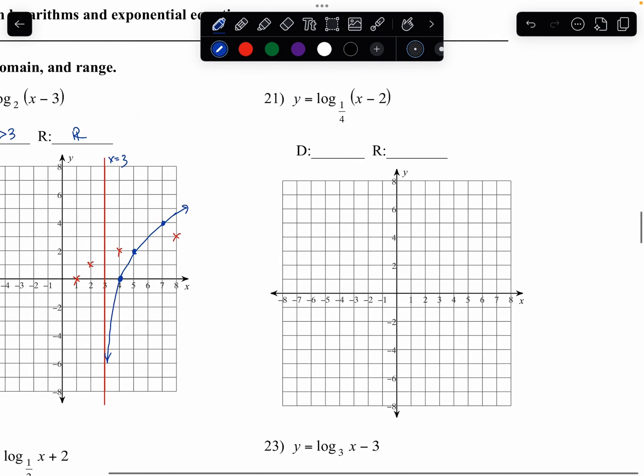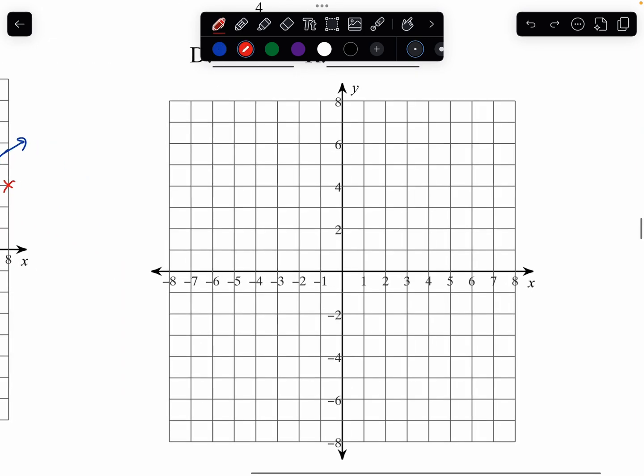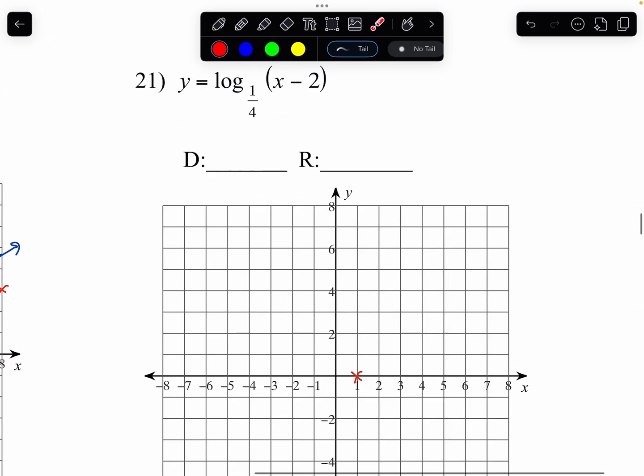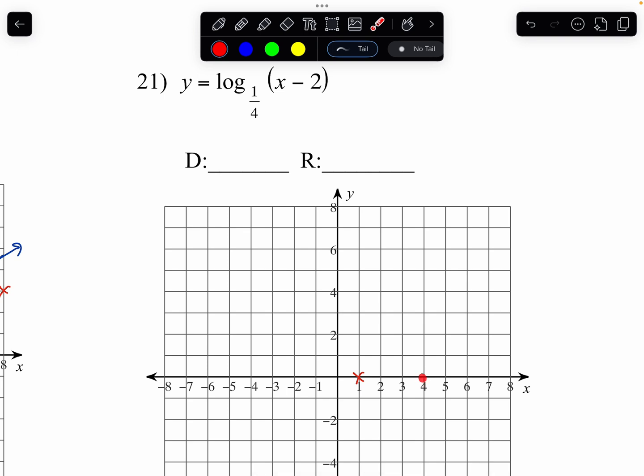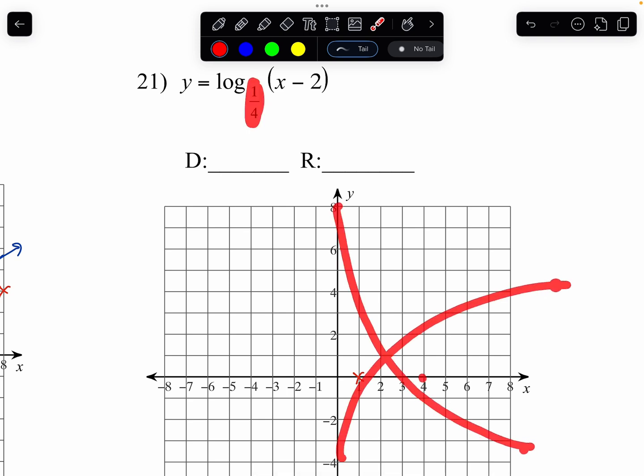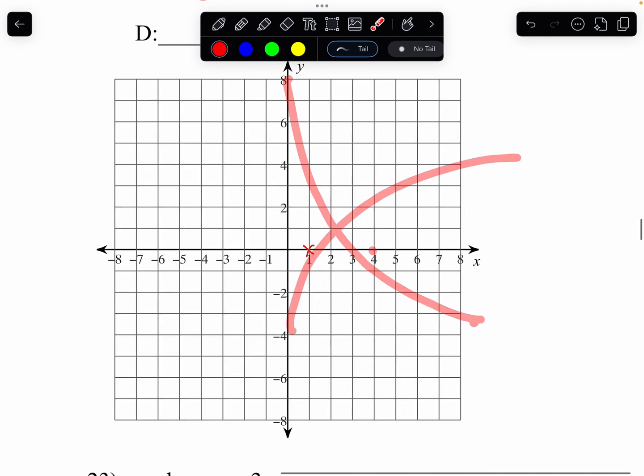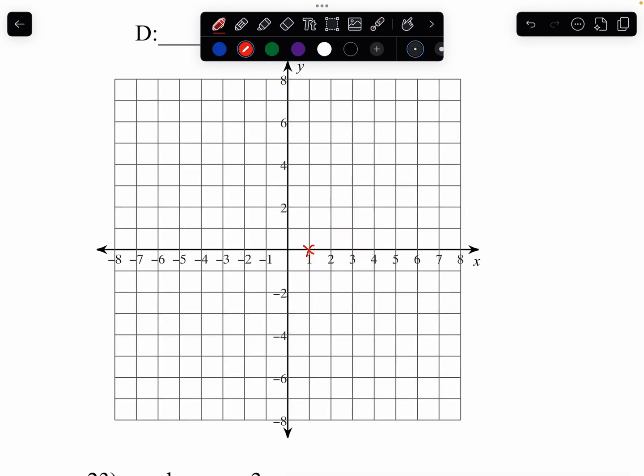Okay, for this one we have a base of 1/4, so again, just think in accordance with the x-axis rather than the y. Plot my first point here, and it's going to quadruple, so that's going to be at 4, but also this is 1/4, so it's actually going to be decaying rather than growing. And so if it's 1/4, then I'd put it here as my next point, and the next one would be at 16, but we can't graph that.